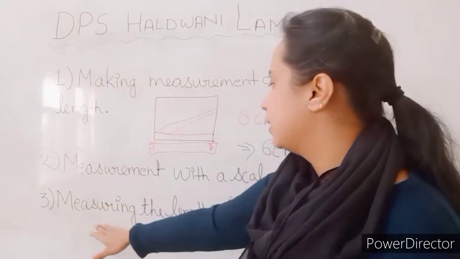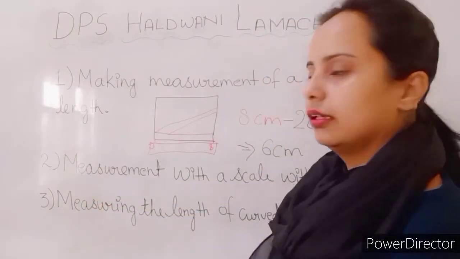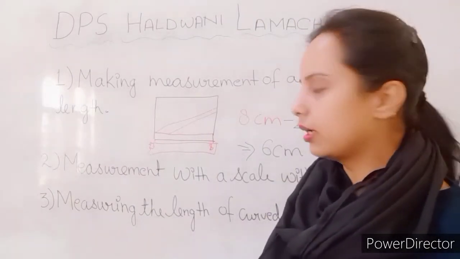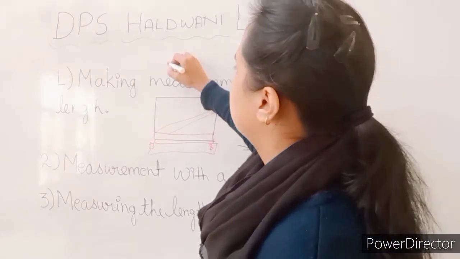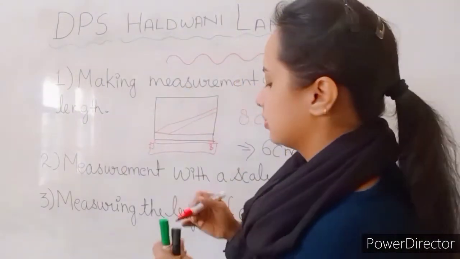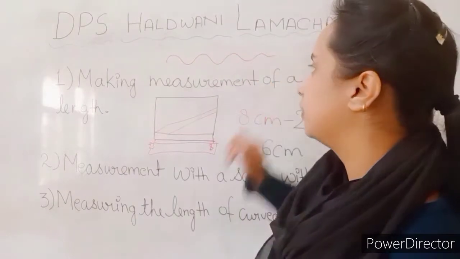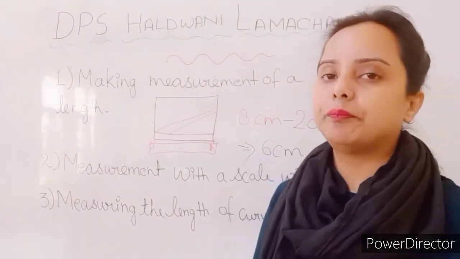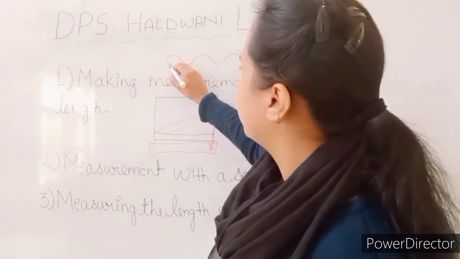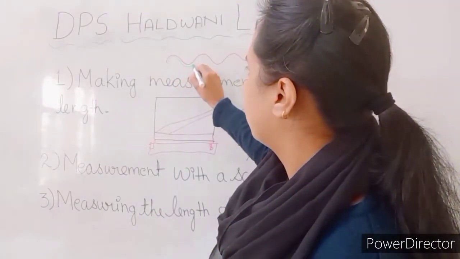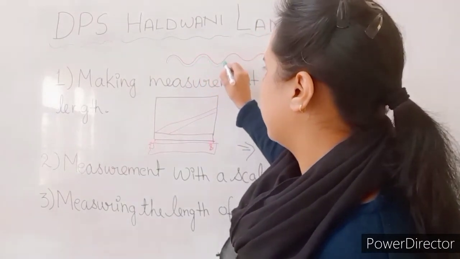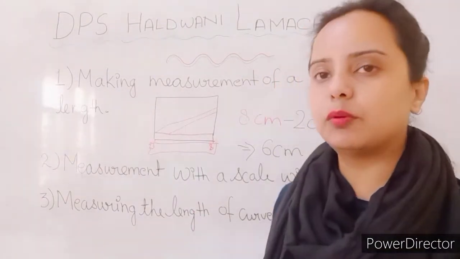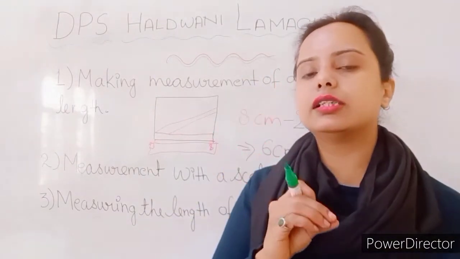Now, measuring the length of a curved line. How will we take the measurement of a curved line? For example, if we have a wire like this, how will we measure this curved wire? First we will take a thread, and according to the shape of the wire we will arrange that thread. ओके, जैसे ही आपका वायर का शेप होगा वैसे ही हमें थ्रेड को लेके जाना है पूरा.